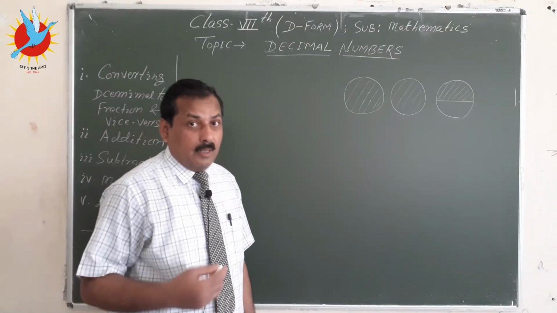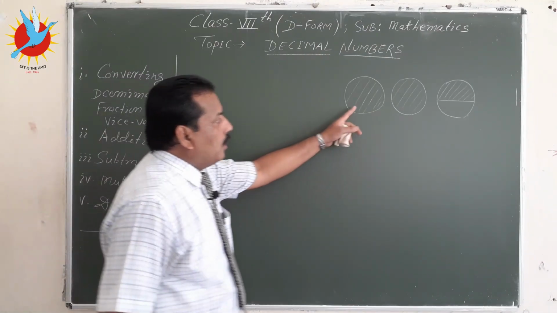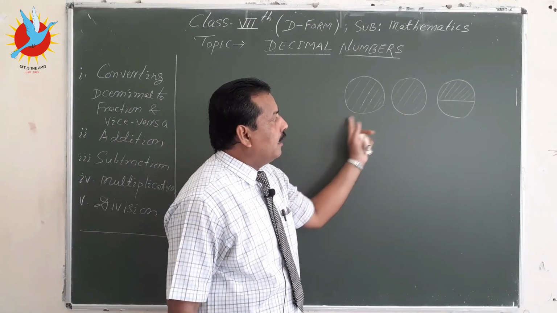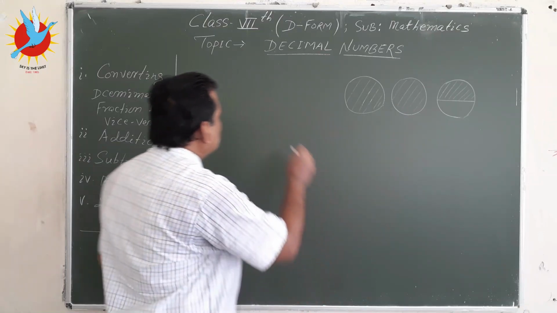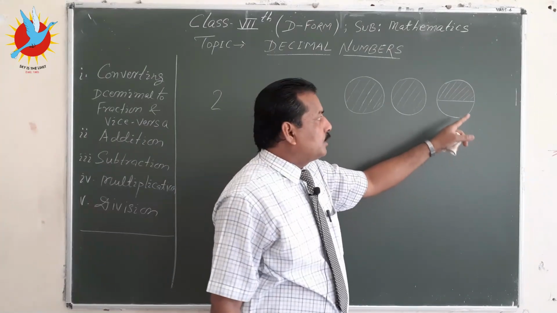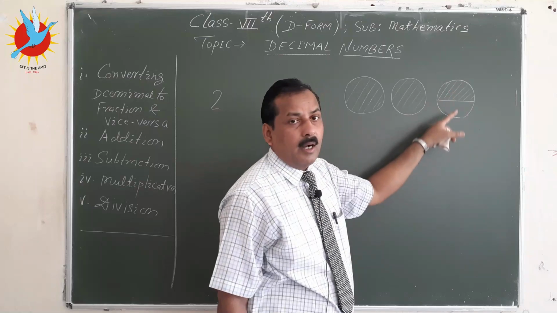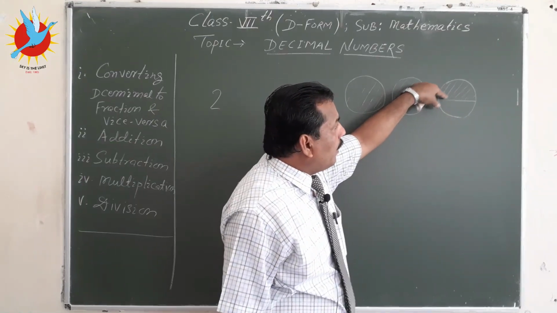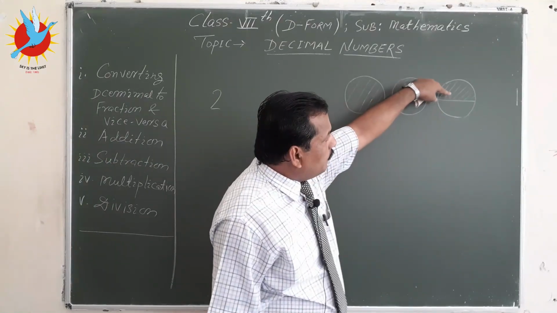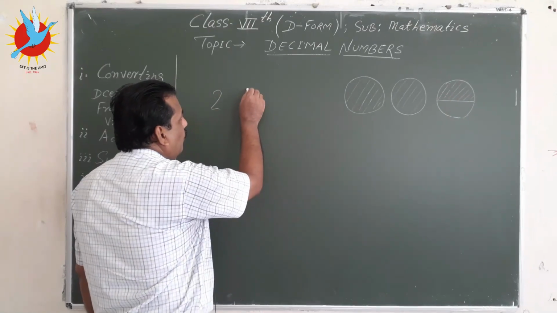Now in terms of numbers, we say this 2.5. This cake is a whole cake, this cake is also a whole cake, and 1 and 2, so this is 2. About fractions, you remember that if one whole thing has two equal parts, and one part out of two equal parts is considered, this is known as 1 by 2.